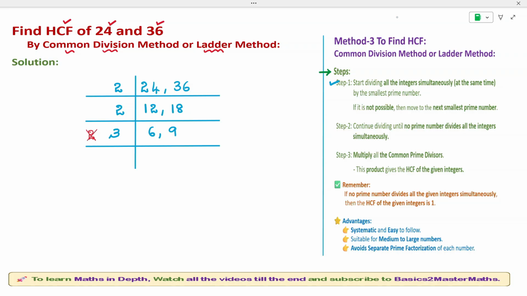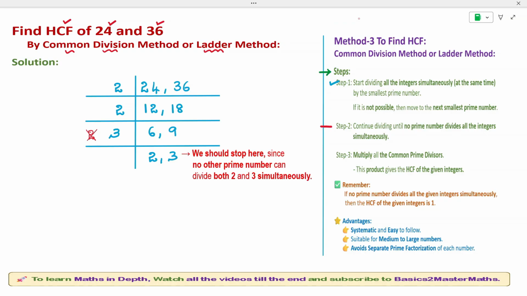Since 3 divides both integers 6 and 9 exactly, we get 2 and 3.